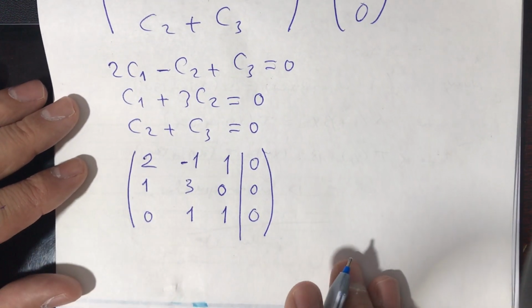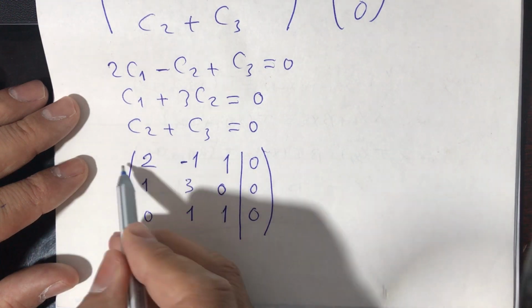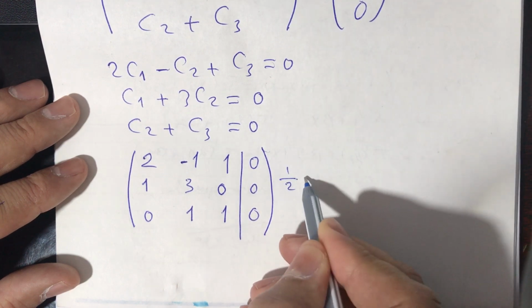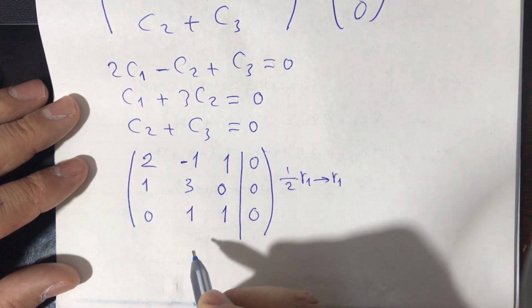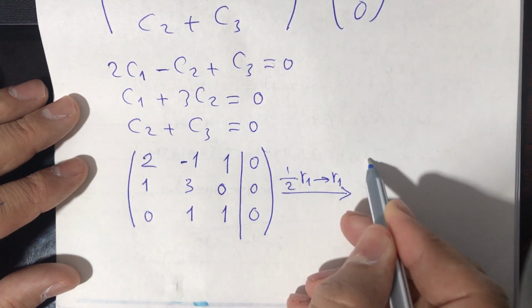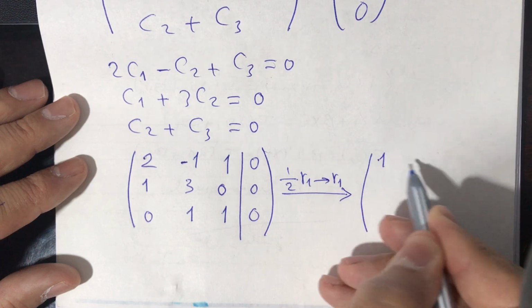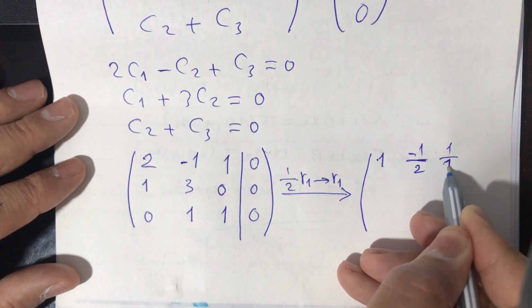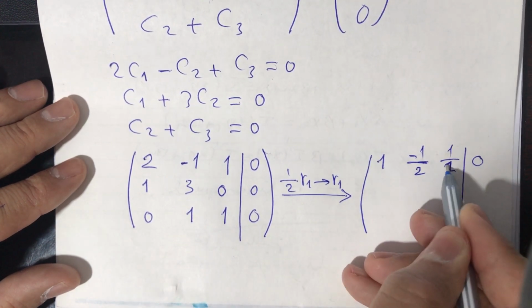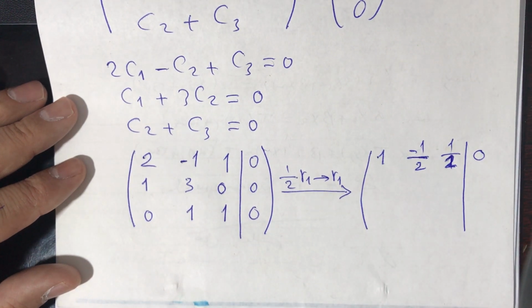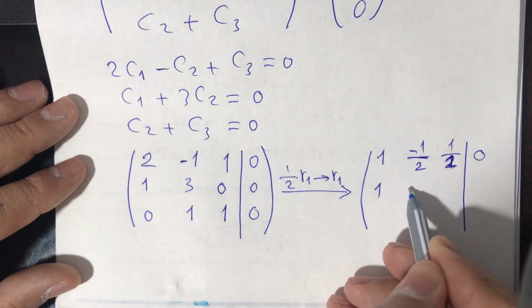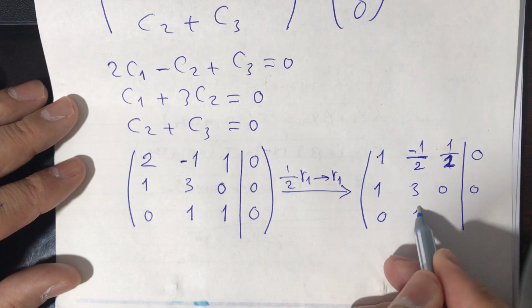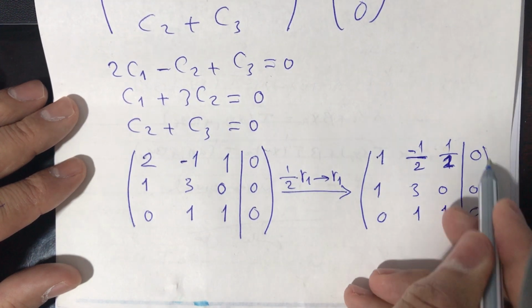Now multiply by half, 1 over 2 R1, write in R1, and we get 1, minus 1/2, half, 0; then 1, 3, 0, 0; and 0, 1, 1, 0.